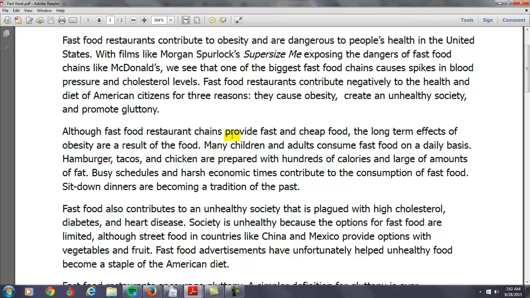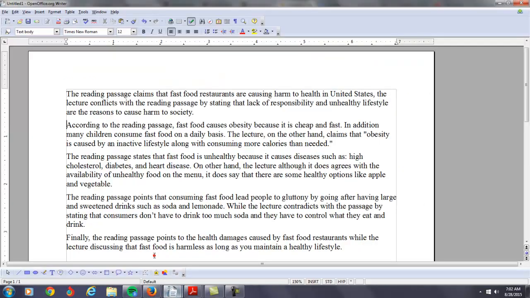But here's a problem that you didn't say: hamburgers, tacos, and chicken are prepared with hundreds of calories and large amounts of fat. And because people are busy, they're eating more of these kinds of foods, right? So I think here, you have left out an important point from the reading passage.